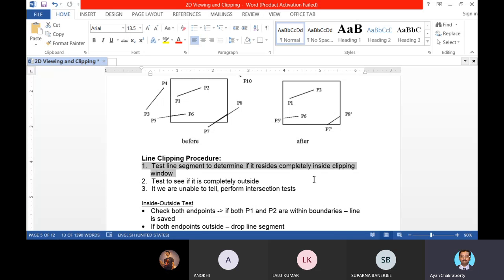How will we check that? Say P1 has coordinates x1, y1, and P2 has coordinates x2, y2.